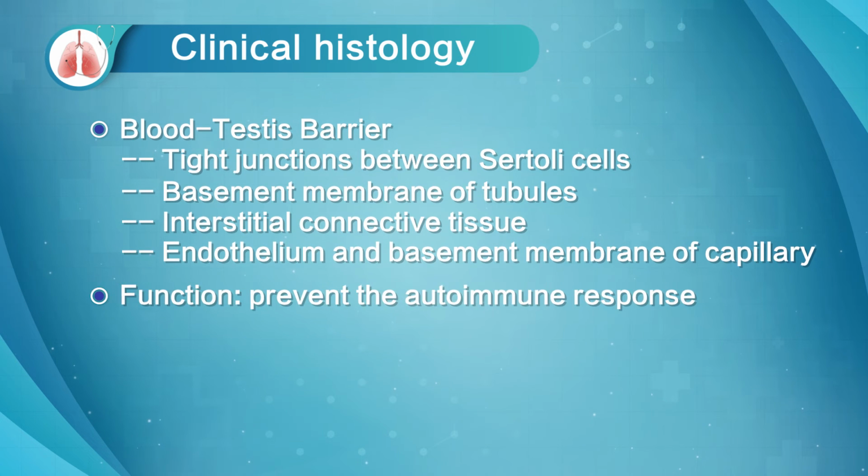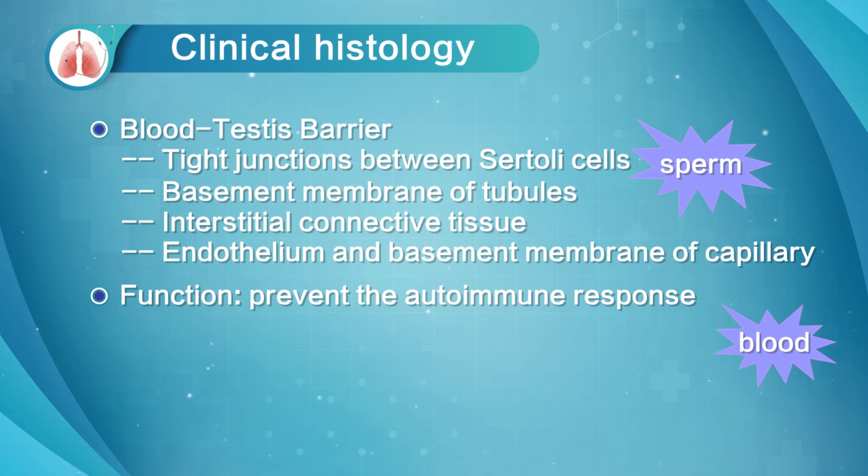However, the blood-testis barrier can be disrupted by physical or chemical injury or by infection. When this barrier is broken, differentiated sperm antigens escape from their immunologically protected environment and come into contact with blood elements.